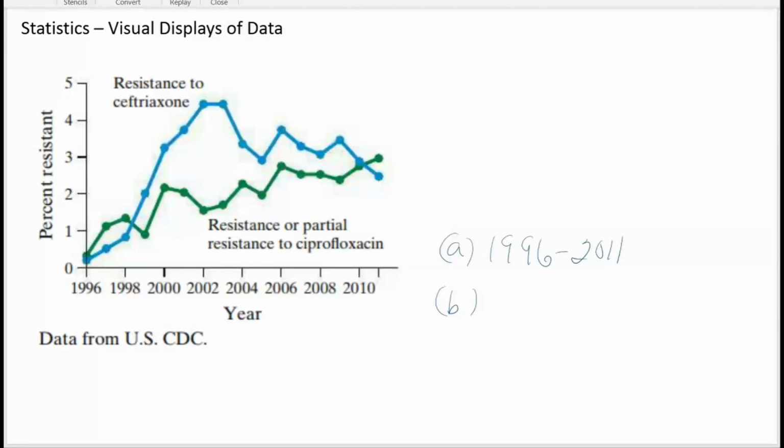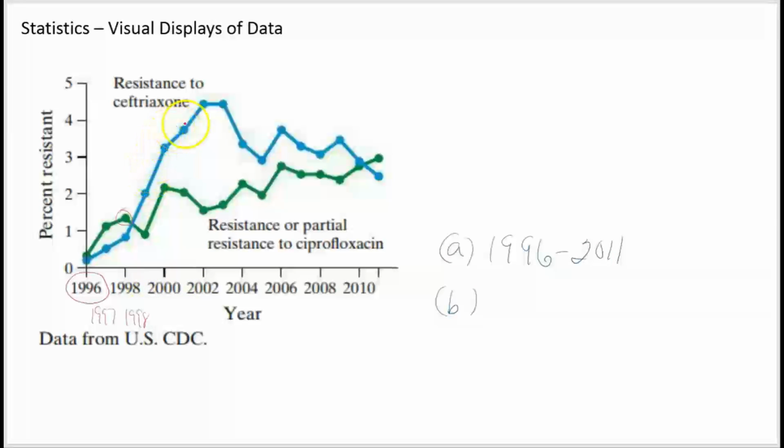Let me get my pen working. Let's go to red so we can see it. Look, in 1996, it's hard to see, but the green is just a little higher than the blue. And then 1997, look, the green is higher than the blue. In 1998, the green is higher than the blue. Now look, in 1999, right here, the blue is higher.